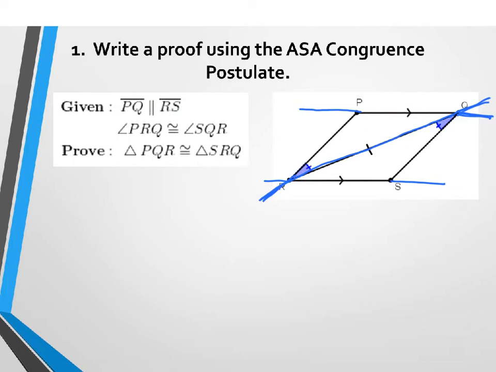So we can show two other angles are congruent with this, knowing that PQ and RS are parallel. It's these two angles right here. This angle is congruent to this one because they are alternate interior angles.